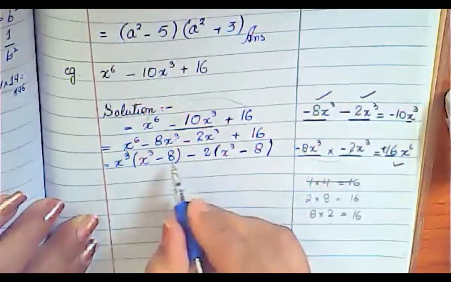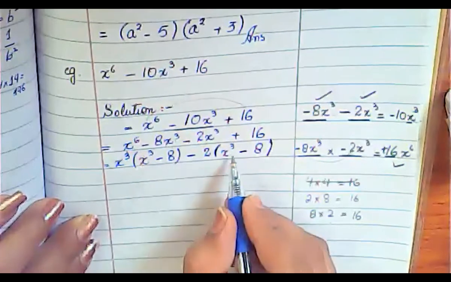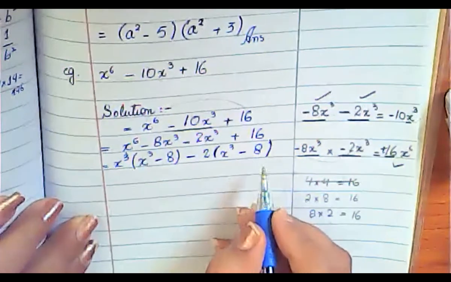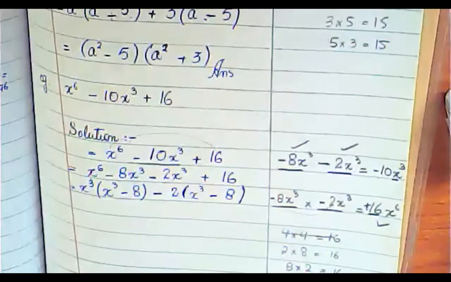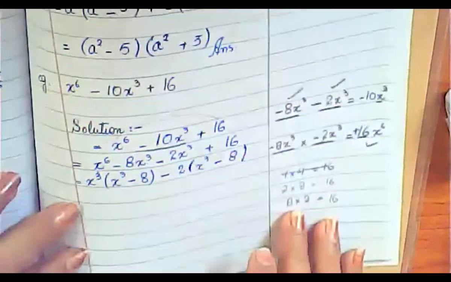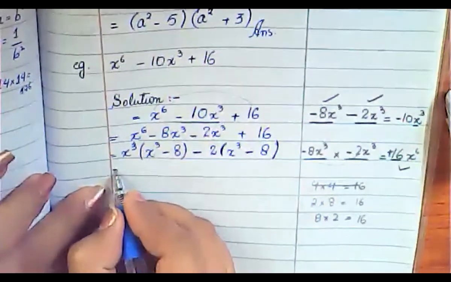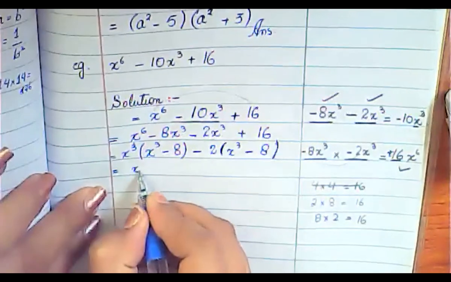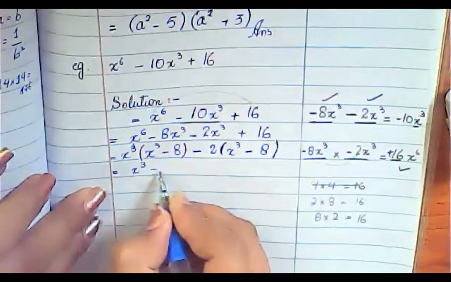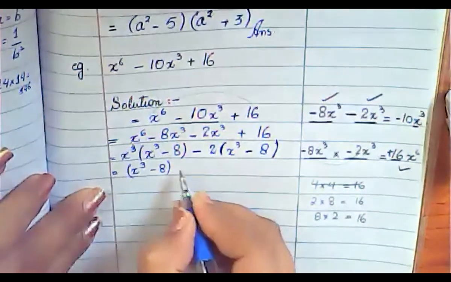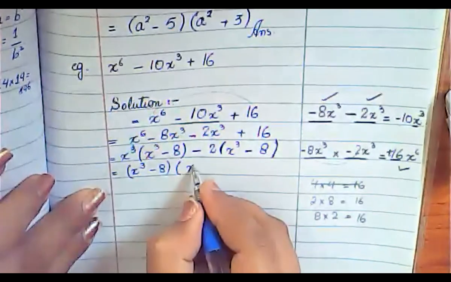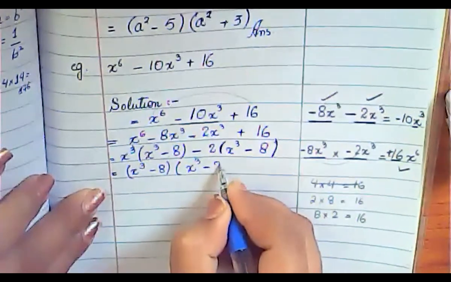So both the same brackets have come, x cube minus 8 and x cube minus 8. Okay, is it clear? Now what do we have common here? In the next step we have x cube minus 8 as common, and what will be left? This one, which is x cube minus 2.